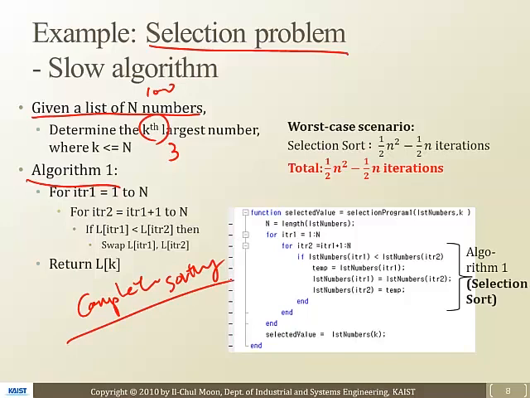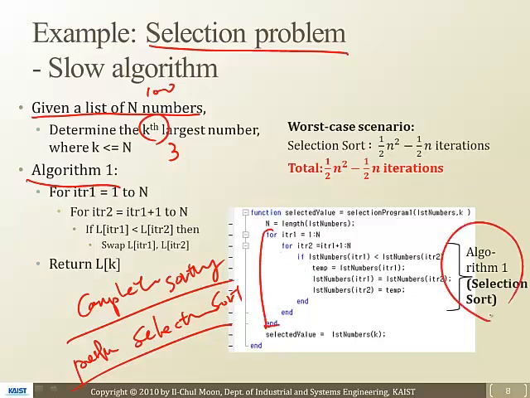If you perform selection sort, then these 100 numbers will be lined up in descending order, and you just pick the third number of the descending order. That means it's the third largest number, right? So this algorithm would be the selection sort, and you just return the k-th number.